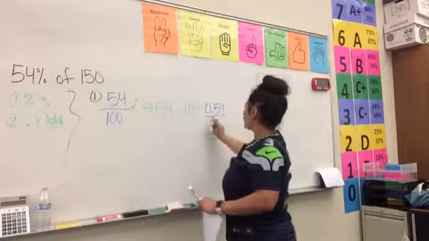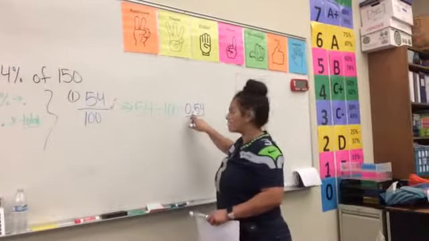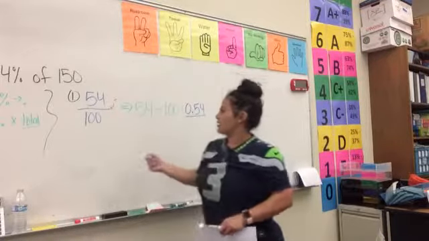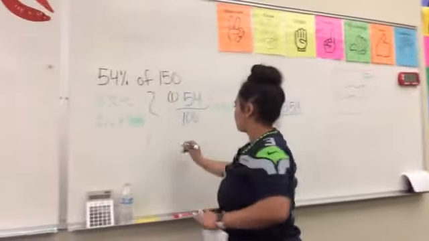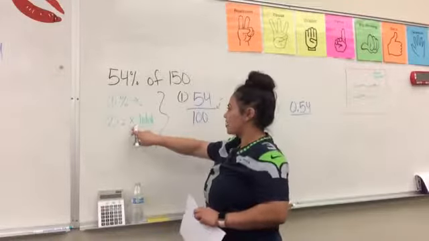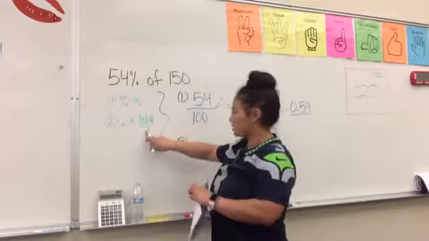Now, I cannot get rid of this decimal. It is part of the number. Step 2 is to take the decimal and multiply it by the total of whatever we are talking about.